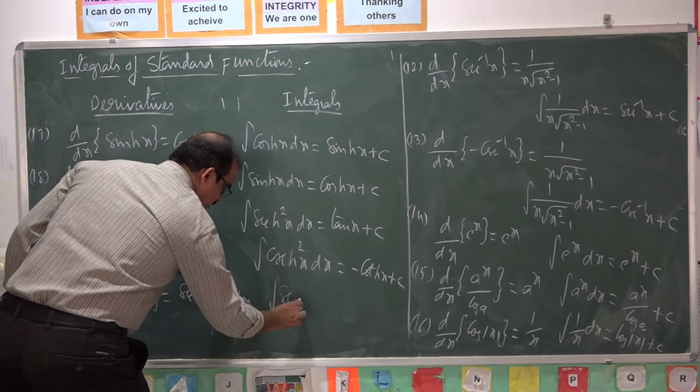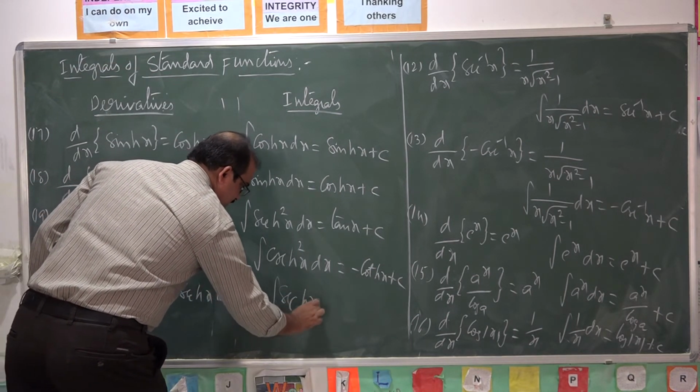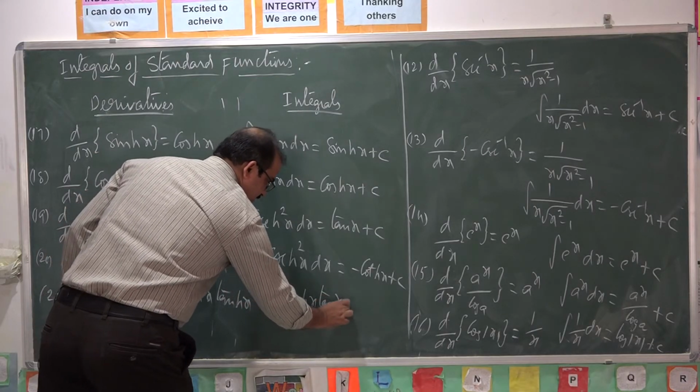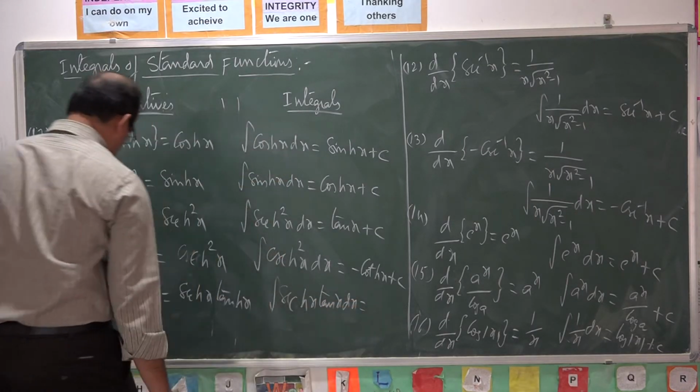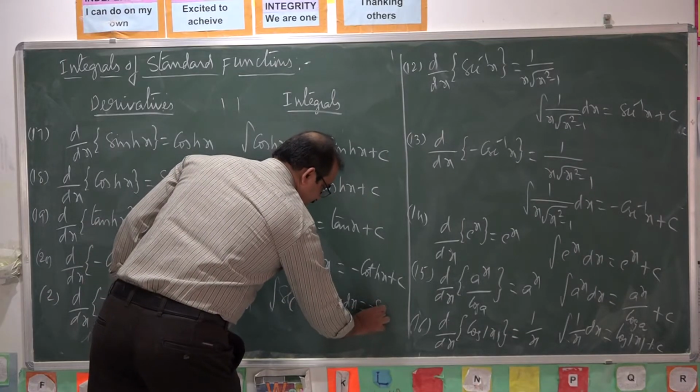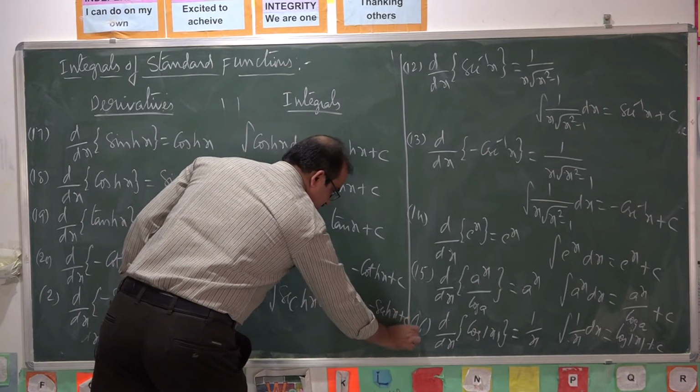So integral of secant hx into tan hx dx is equal to minus secant hx plus c.